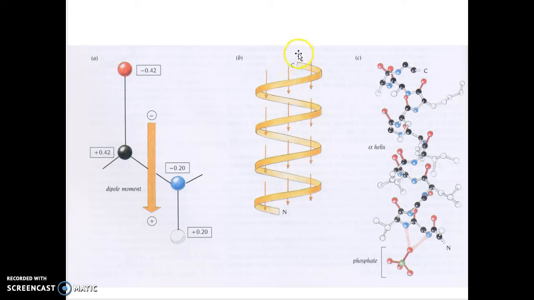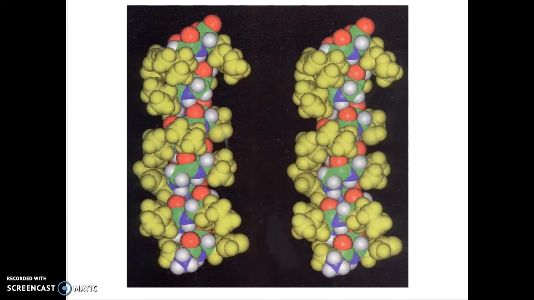In C, this is a real protein. Some helices have strong binding to phosphate, even though the N terminal of this helix doesn't have any positively charged side chains near the phosphate binding region.